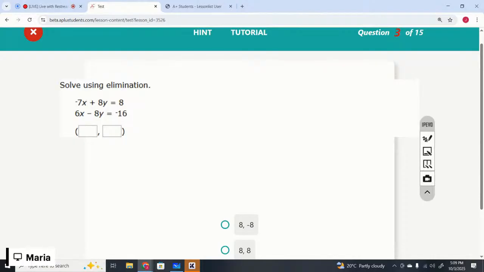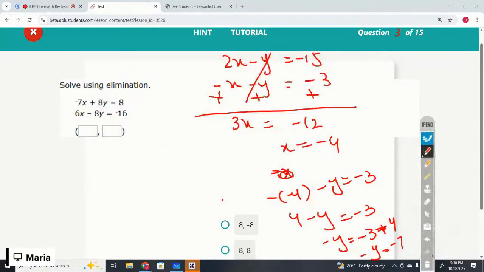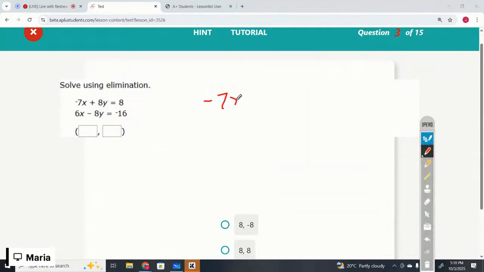Negative 7x plus 8y equals 8 and 6x minus 8y equals negative 16. So we need to add both the equations because when we add both the equations, the variable y would be eliminated.